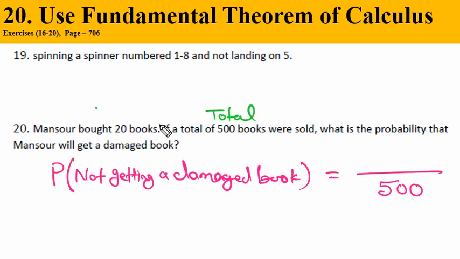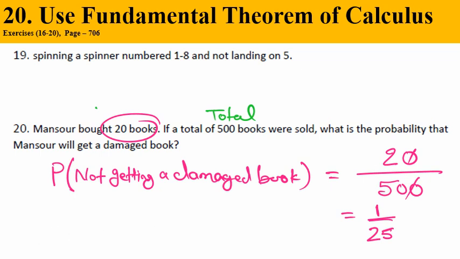So let's say Mansoor bought 20 books, and if he did not get a single damaged book, if all the books are good, no damage in any book, let's say 20 is your favorable outcome, so 20 over 500. Let's simplify this: 20 over 500, so we get 2 over 50, and that will give us 1 over 25, right? So 1 over 25 is not getting a damaged book.